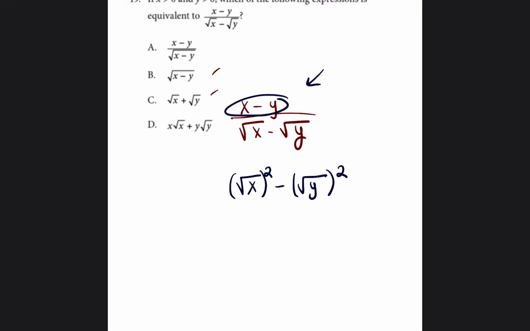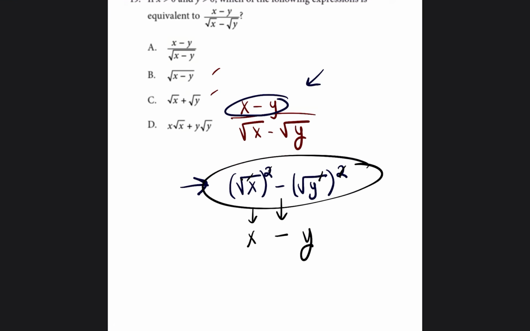So x minus y can also be written like this. And how is that possible before we move forward? Well, square root and square cancel each other out. So you'll just be left with x. You bring down the minus sign. If the square root and the square cancel each other out, you're just left with y. So this is the same as saying this.